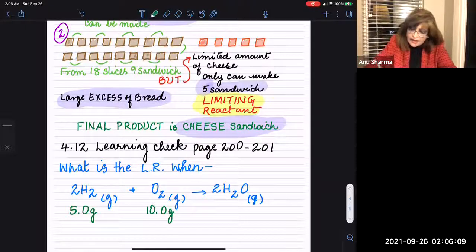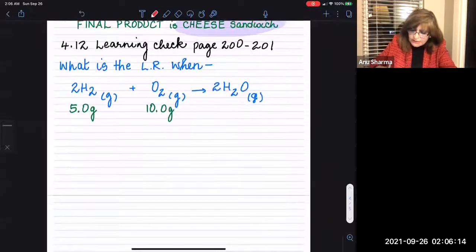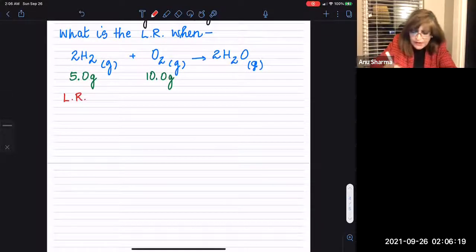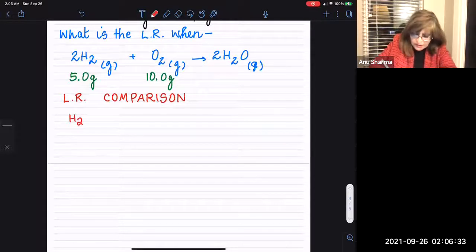It's very important to keep a few things in mind when we do the limiting reactant problem, and that's a mistake students make. For limiting reactant problems, you are doing a comparison. When we use a certain amount of hydrogen, how much water can you produce?